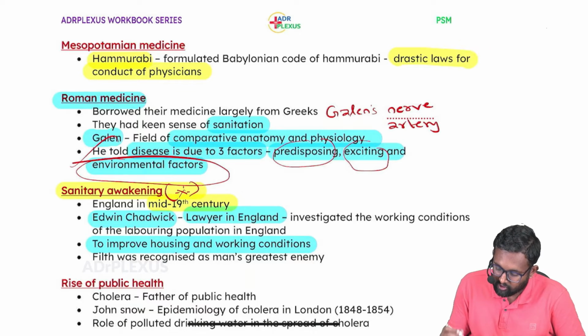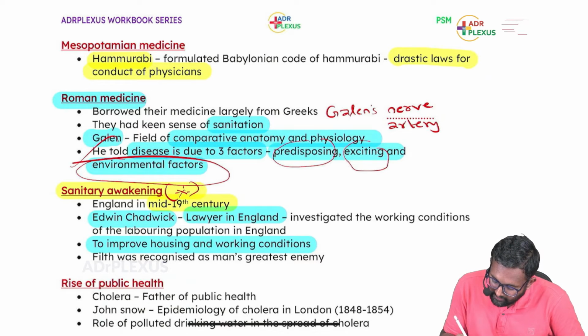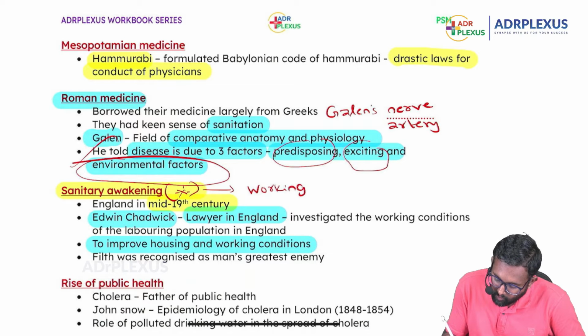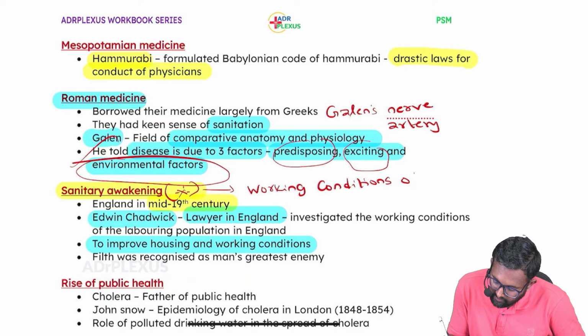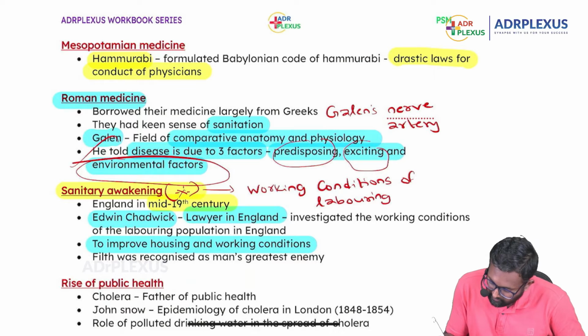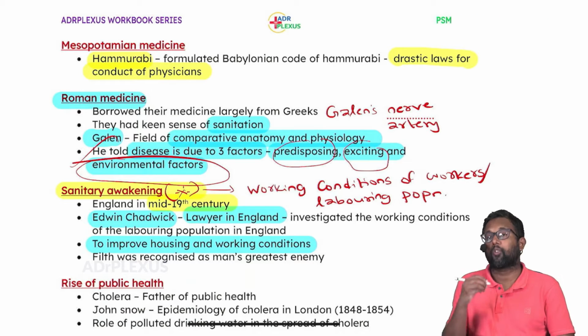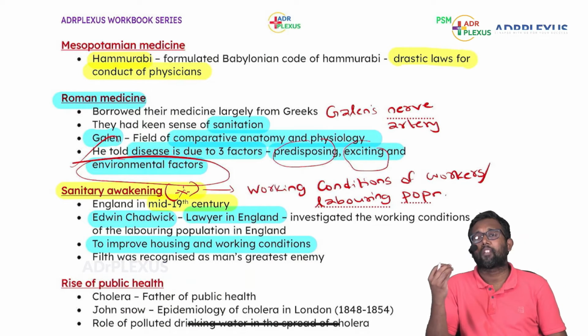In short, it is nothing but the working condition of the laboring population, the workers. It was very poor, so we had to improve the working condition of the workers.